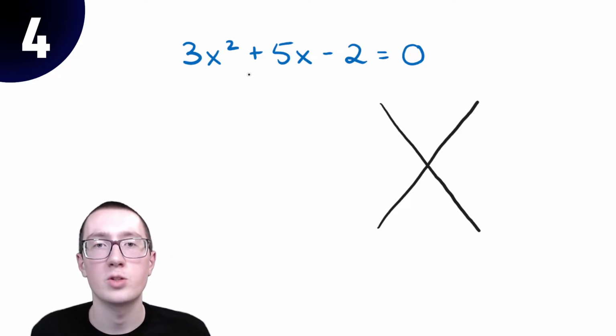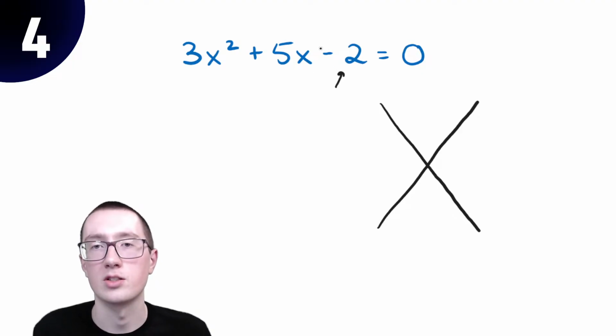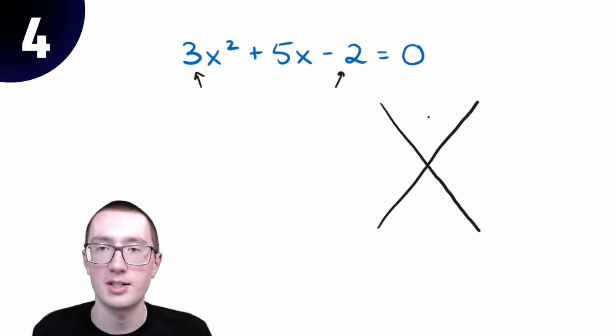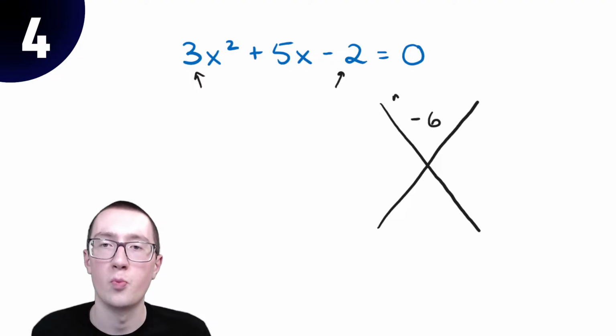What we're going to do is take this number, which is normally our multiplying number, and don't forget that it's minus 2, because the minus is always included. We're going to multiply it by our number in front. So minus 2 times 3: 3 times 2 is 6, and there's one minus sign, so the minus sign stays. This is our new multiplying number.